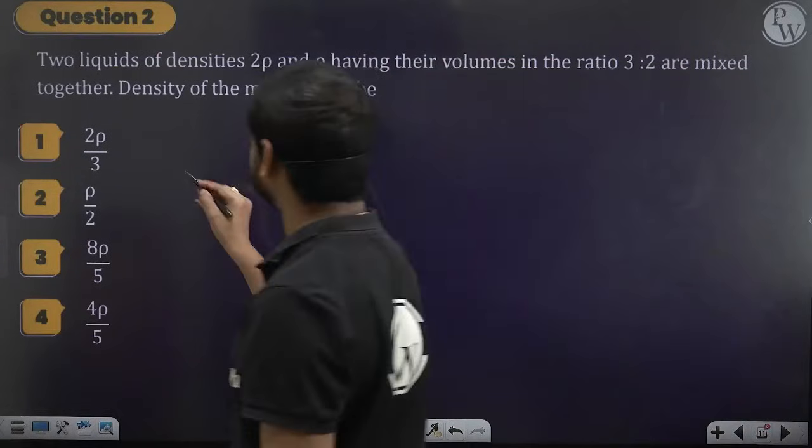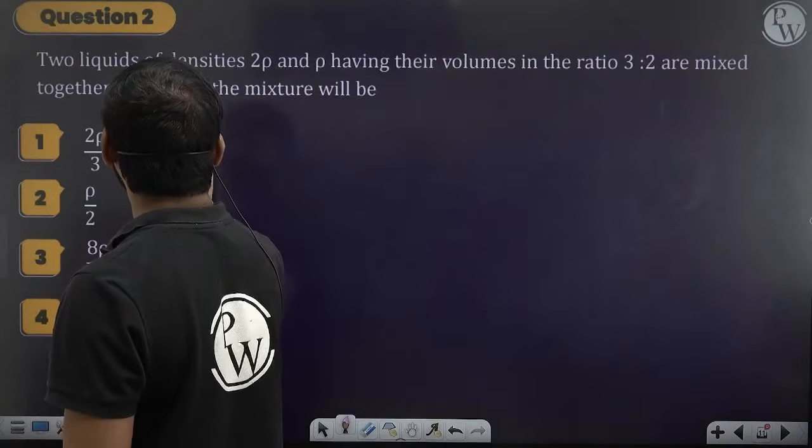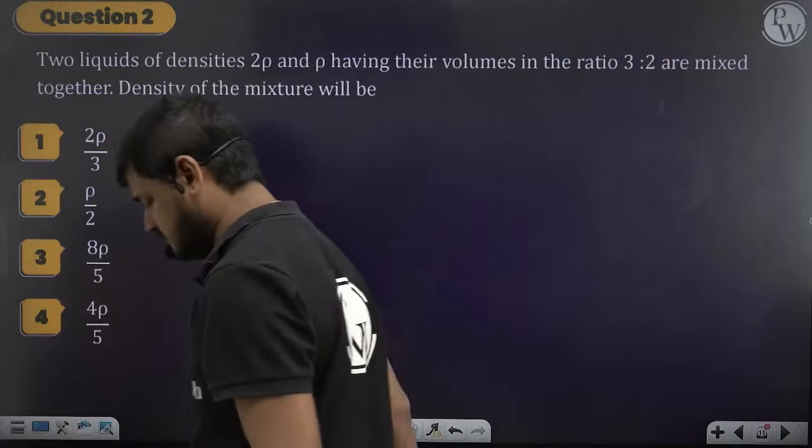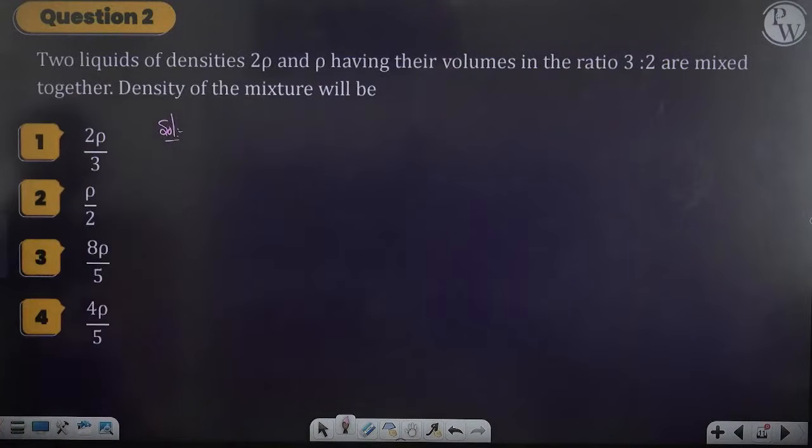Let's try to solve this question, guys. First read the question and try to do this on your own. What does the question say? 2 liquids of densities 2ρ and ρ having their volumes in the ratio 3:2 are mixed together.